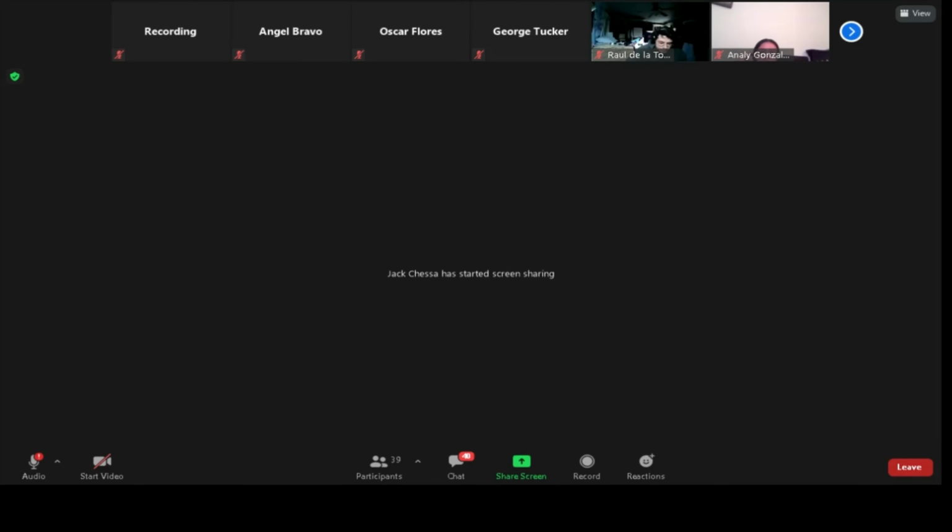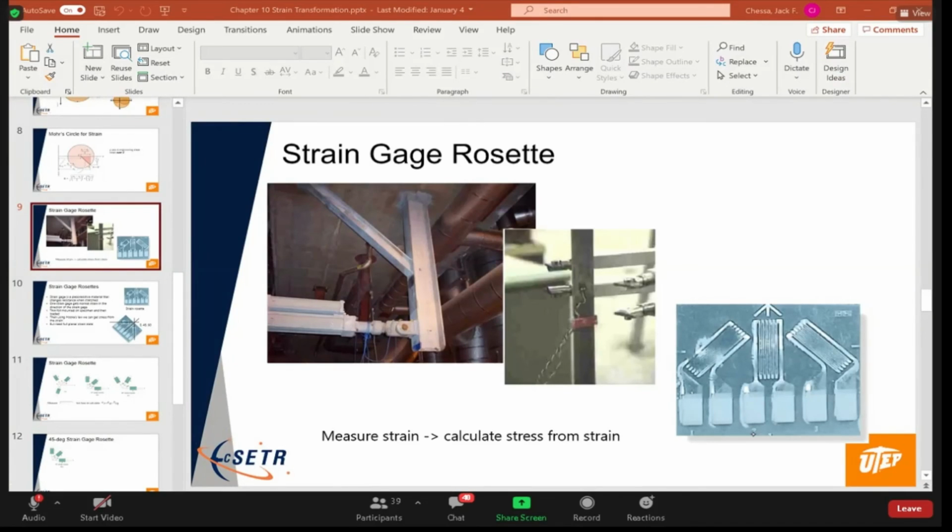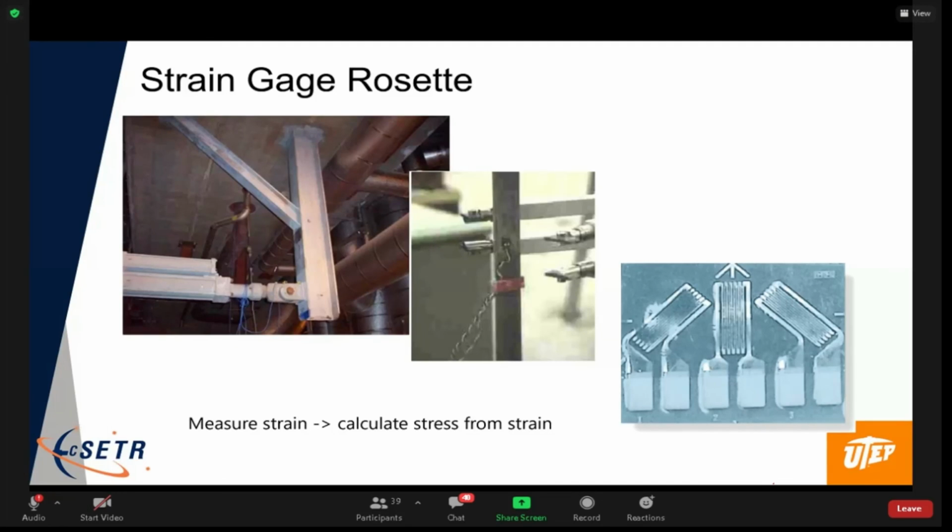Like I said, here is an example of a strain rosette. We showed this last time. In the Lockheed Martin lab, we have a whole setup that uses strain gauges on various structures, and it works the same way. There they talk about the strain gauge factor and pass it through a Wheatstone bridge conditioning system, so you don't get temperature variance and all that sort of stuff.